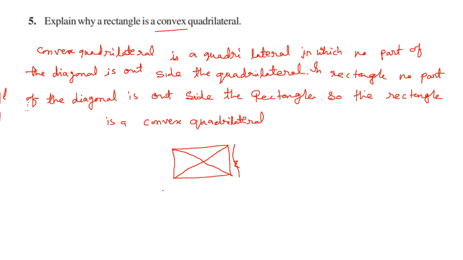So rectangle is a convex quadrilateral, because no part of the diagonal is outside the rectangle. Both the diagonals are inside the rectangle. So it is a convex quadrilateral.